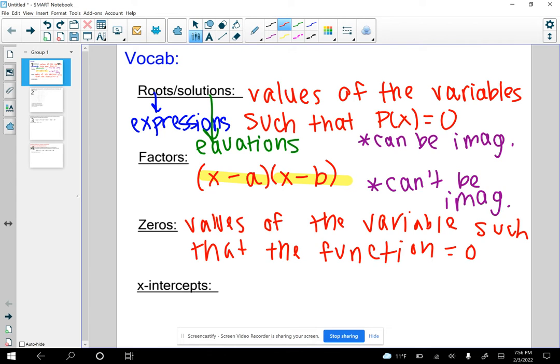Okay, so basically now if we're looking at these on a graph, where I have a function, I have like a y equals in front of it, or an f of x equals in front of a polynomial that makes it a function. When that equals 0, we call those zeros. And note, our zeros, even though we can't visually see them on a graph, these can still be imaginary.